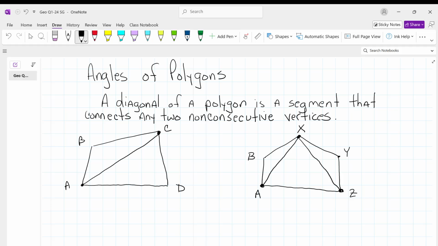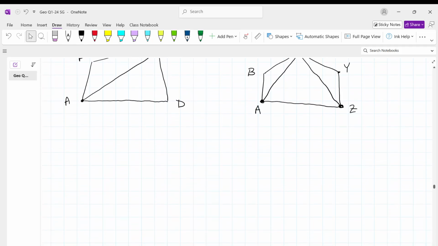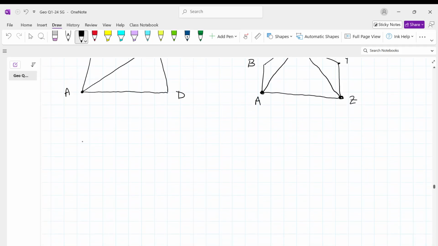Now, theorem 6.1, you need to be sure you get that in your notes. And that is the polygon interior angle sum theorem.